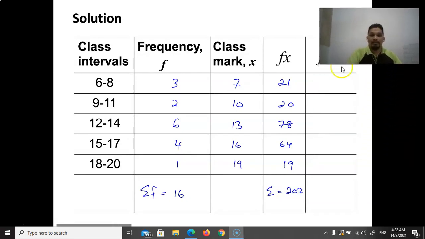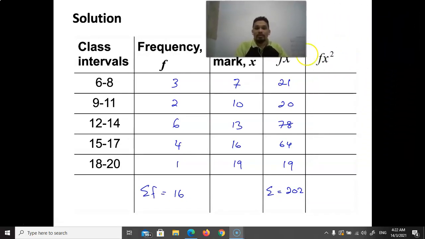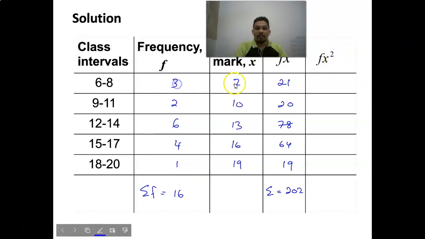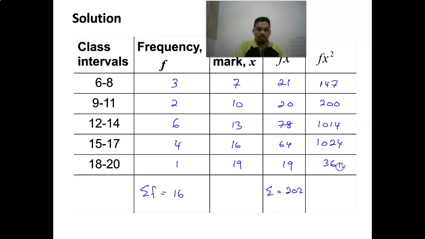Okay. Now for f times x squared, meaning f times x squared. 7 squared is 49, so 3 times 49 equal to 147. 10 squared equal to 100. 100 times 2 equal to 200. 1014, 1024, and 361.